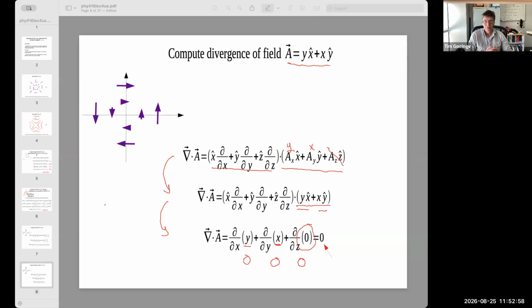A divergenceless field can actually be represented as a gradient of a scalar potential. That's a mathematical fact, but it has important physical implications that we will be discussing.